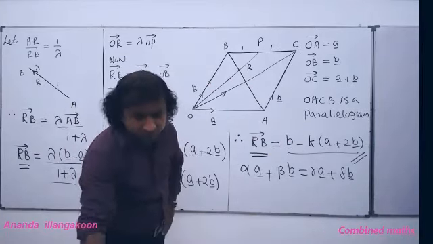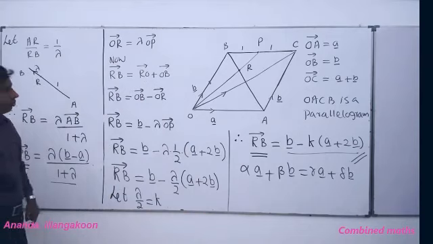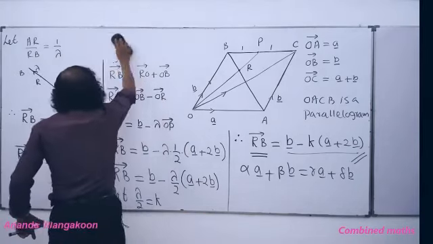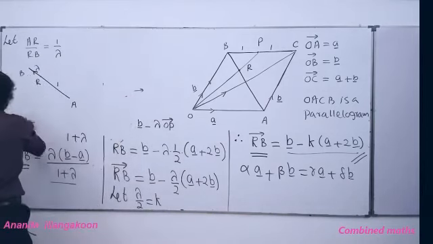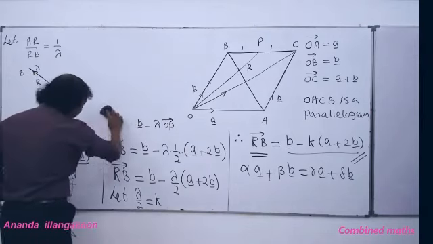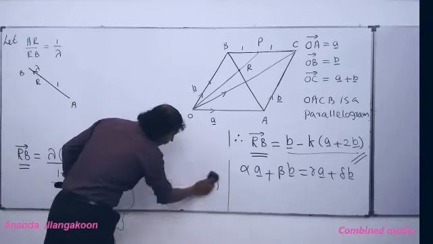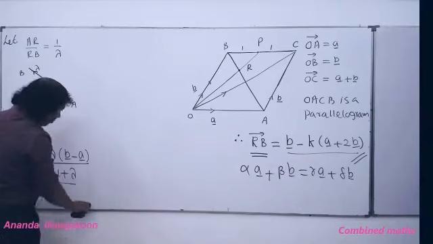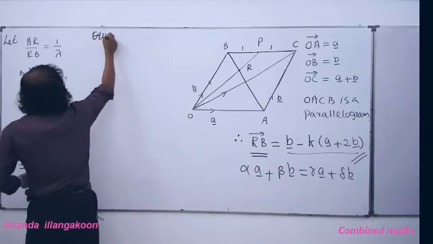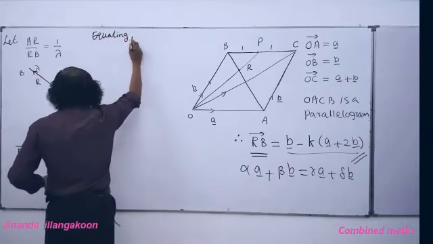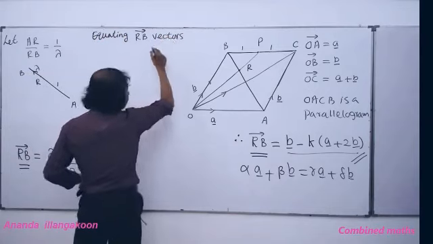Let's see. Is this all right? And now write, equating RB vectors, what do you get?